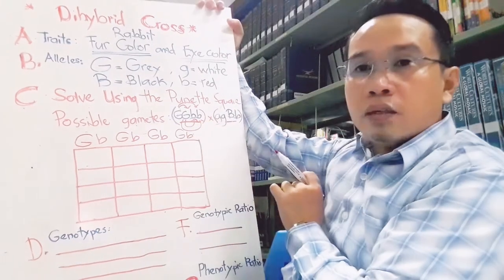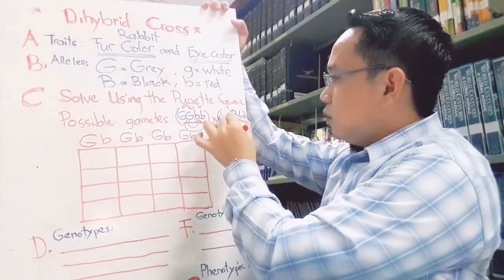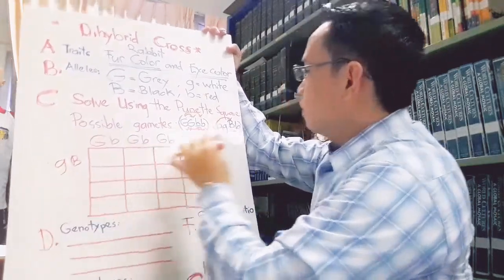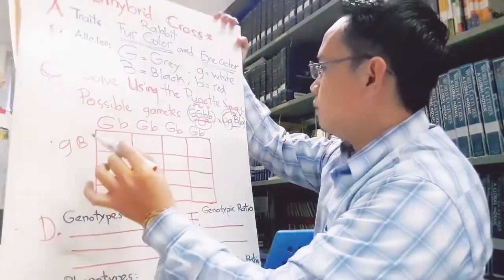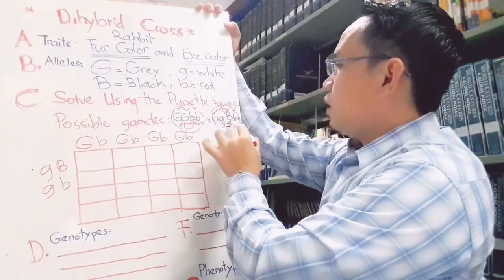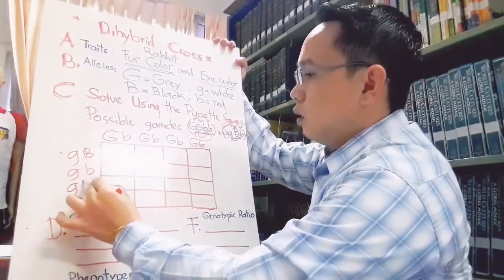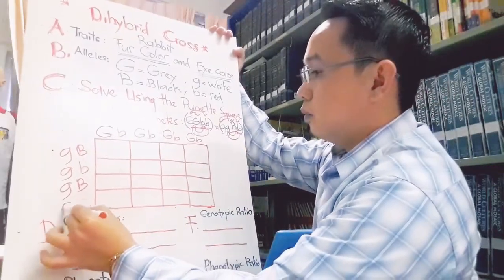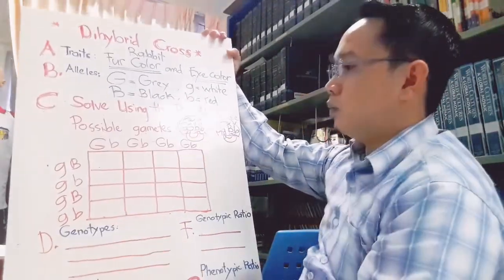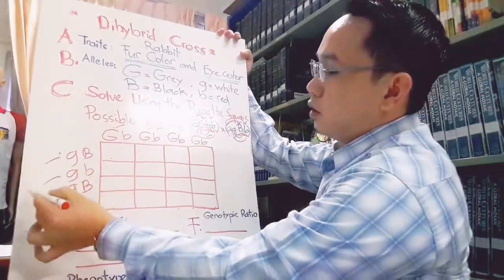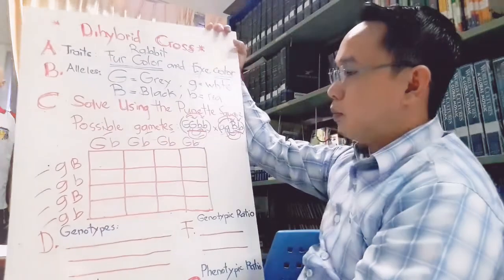Next, another trait. We use this one, GB. The next one, GB. Next part, GB. And lastly, we have G and B. So these are applied according to the law of segregation under the Mendelian principle.